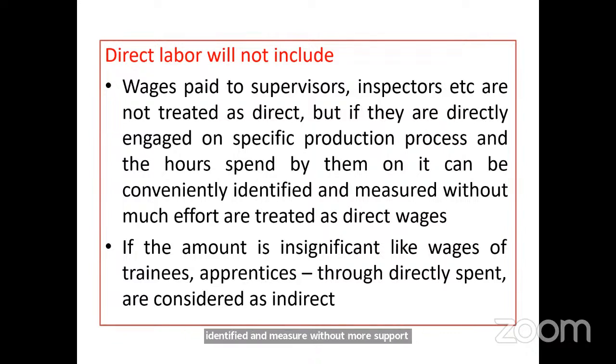As I have already told you, supervisor salary or inspector's remuneration comes under direct labor, but it cannot be considered direct when, let's say, one supervisor is looking after 5 departments or 5 or 10 machineries. In that case, the cost of the supervisor cannot be identified or segregated easily.